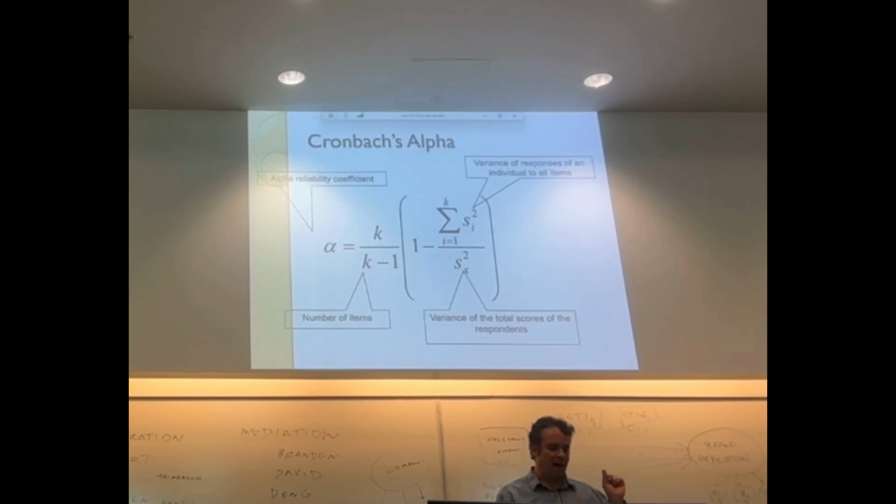It has been shown that Cronbach's alpha is an underestimate of reliability, right? So if you calculate Cronbach's alpha for your scale scores and it's 0.7, the true reliability will be higher than 0.7. I think that's why people still use Cronbach's alpha, because it's an underestimate. If it was an overestimate, it would be more problematic. And it's easy to calculate.